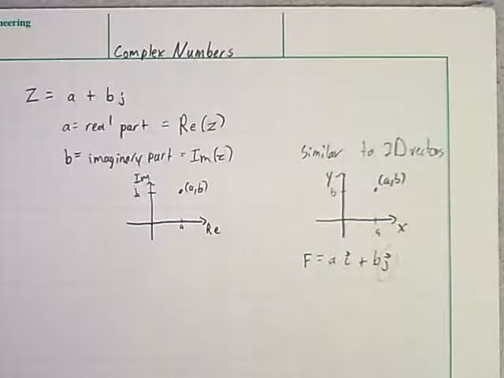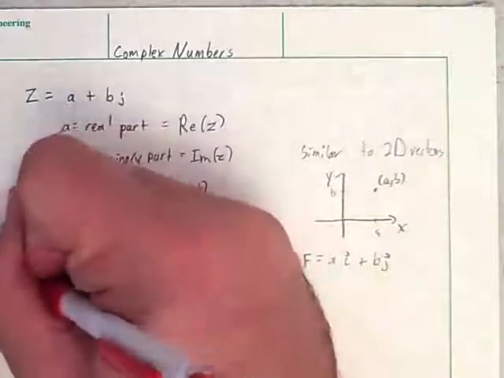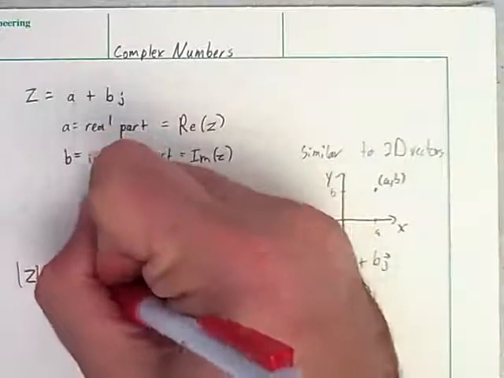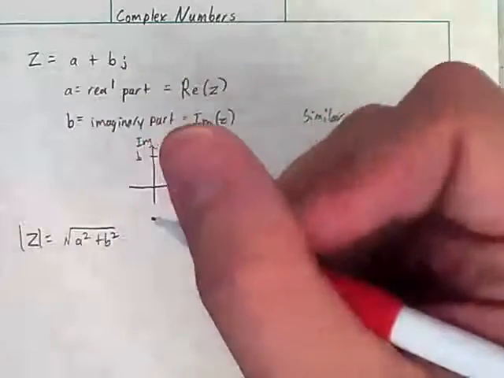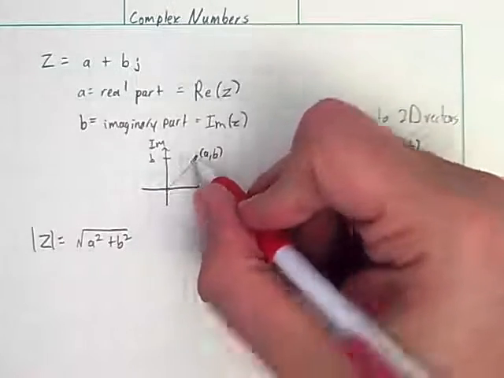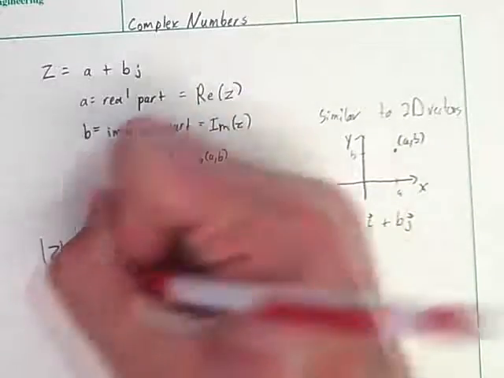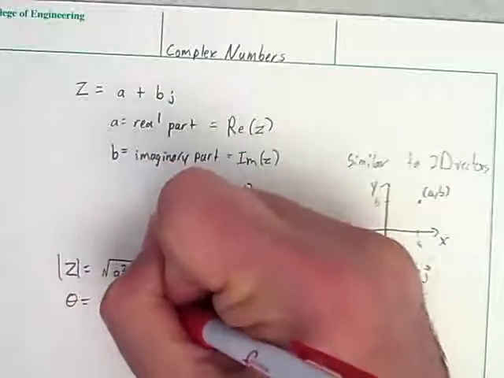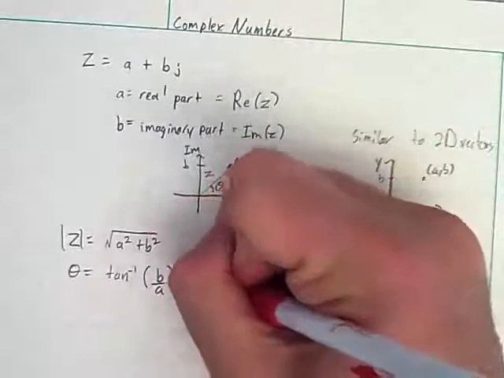And the same rules apply. For this Z, the magnitude of Z is the square root of A squared plus B squared. And then we can also describe it by an angle theta, where it's the tan inverse of B over A plus 180 degrees sometimes.